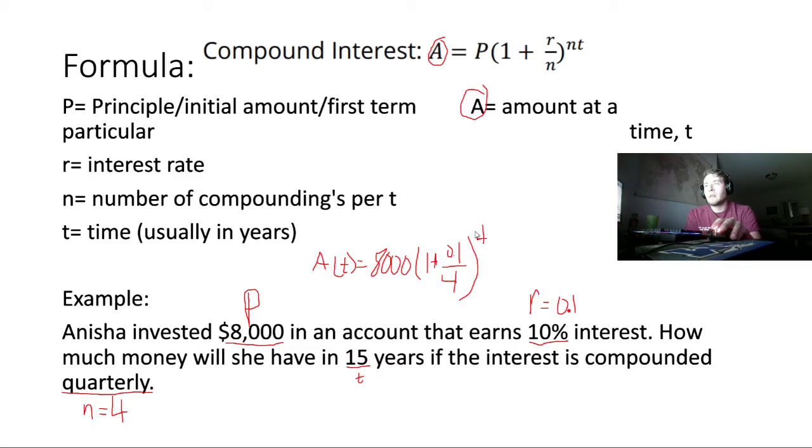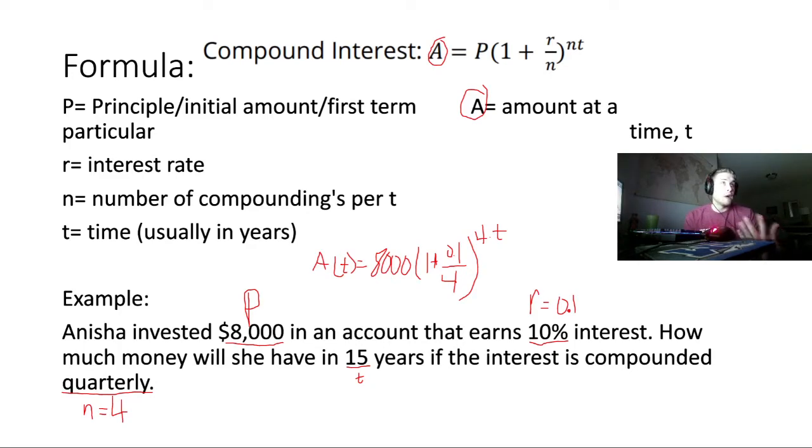And then 4 times, I'm going to keep it as t for now, okay? So I know it looks so sloppy when I write with a mouse, but I know you're writing it better on your paper notes, so this should all be in your notes. This is how you would construct your compound interest formula.